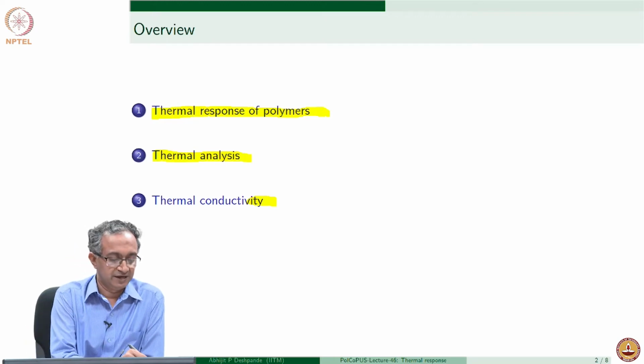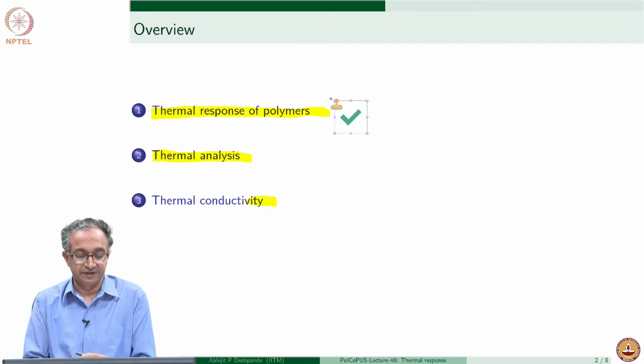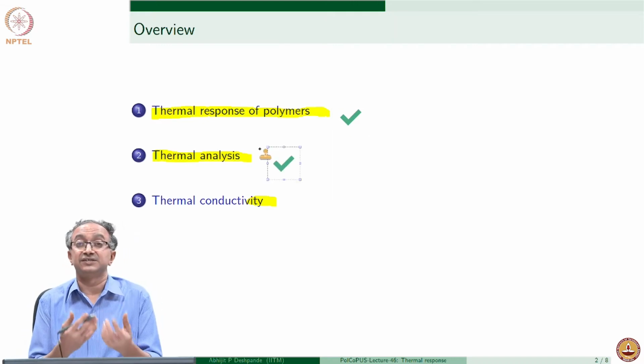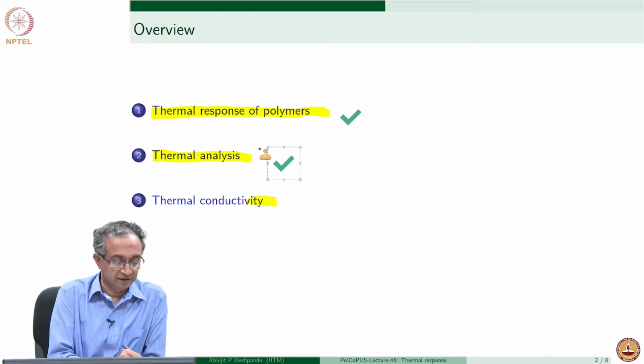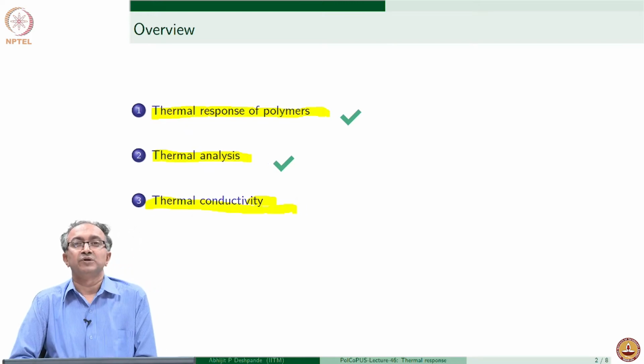We will do this by first quickly looking at the different phenomena and transitions that happen when we subject polymeric material to different temperatures, and how we can use analytical techniques, which are called thermal analysis techniques, for characterization of the thermal response of polymers. And finally, we will also look at the conductivity in polymeric materials.